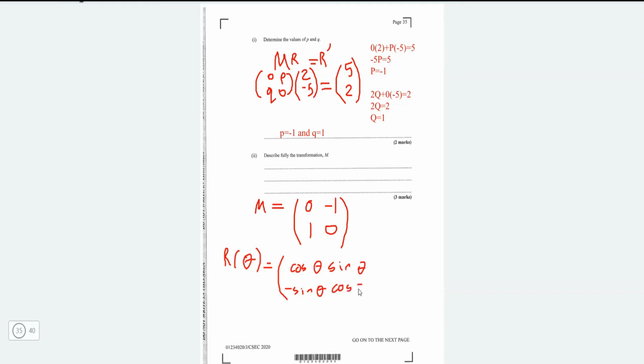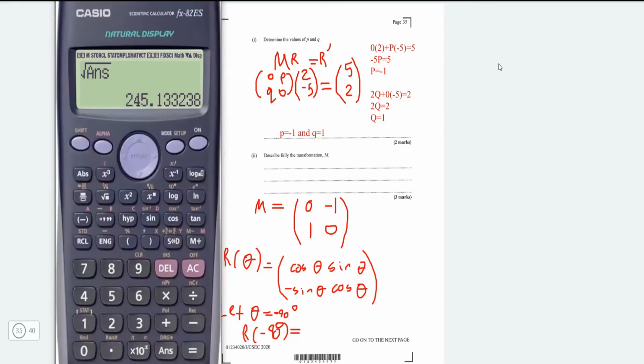This is a rotation matrix. If you plug in theta as 90 degrees, you wouldn't get -1 here. So let theta equal -90 degrees. Minus is for anti-clockwise. So R of -90 degrees is going to be equal to, now look, I'm going to take out the calculator and show you.